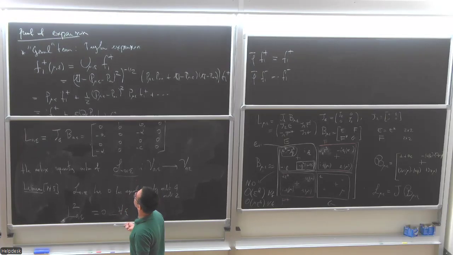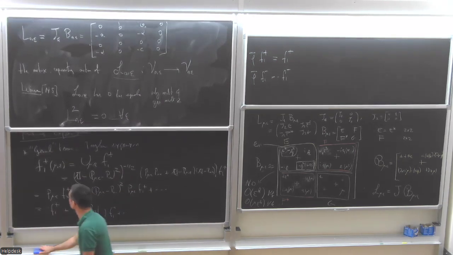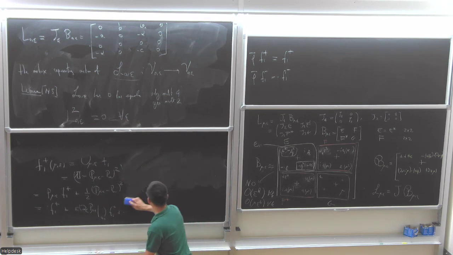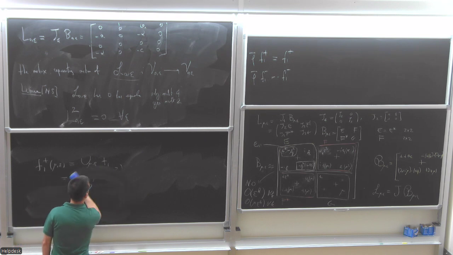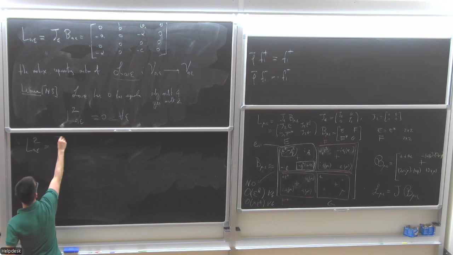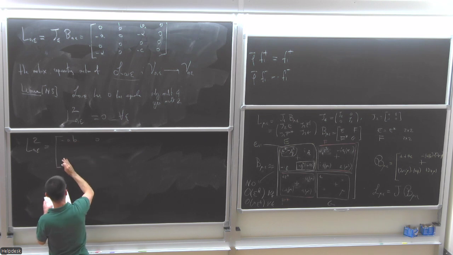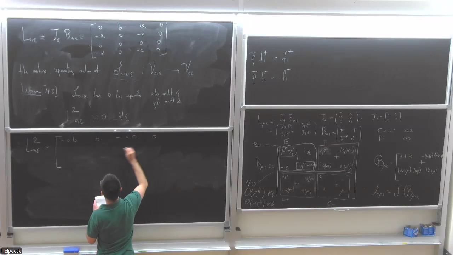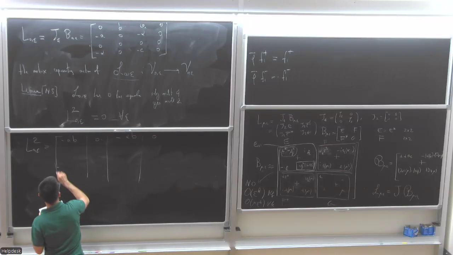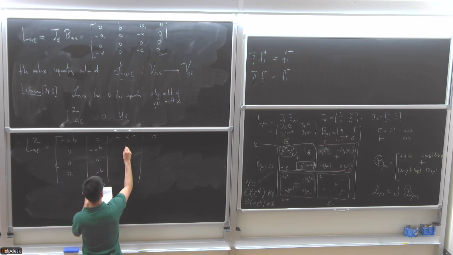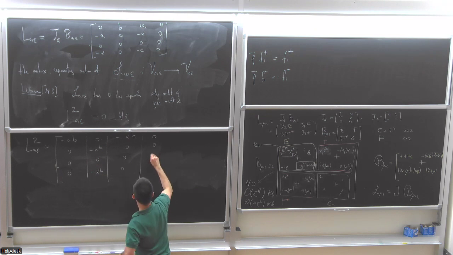What is L0 epsilon squared? Well, you compute L0 epsilon squared, and you find that this is minus A times B, 0, minus alpha B, 0, and then 0, 0, 0, minus AB, 0, minus alpha B, 0, 0, 0, then 0, 0, 0.